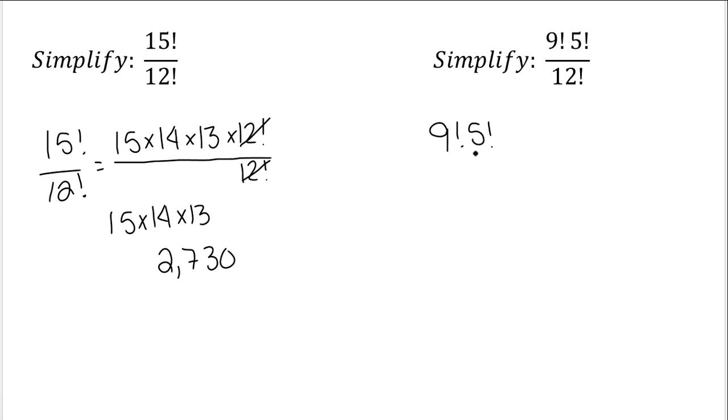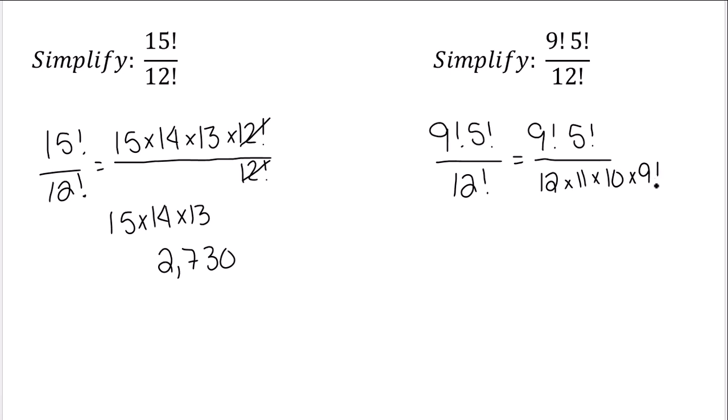Now this means to multiply. I'm taking 9 factorial times 5 factorial over 12 factorial. I'm going to leave the top alone. I'm going to say 9 factorial and 5 factorial. Now in the denominator, I'm going to have 12 times 11 times 10 times, would you look at that, 9 factorial. That means I can cancel these out.